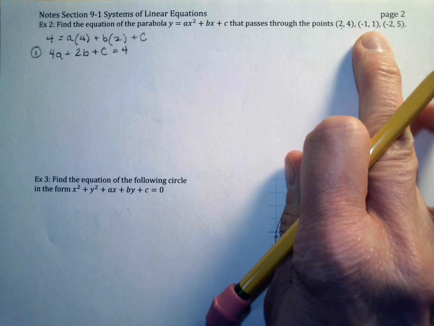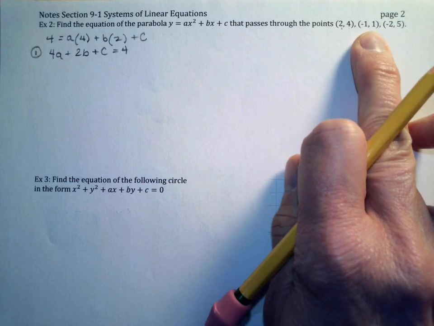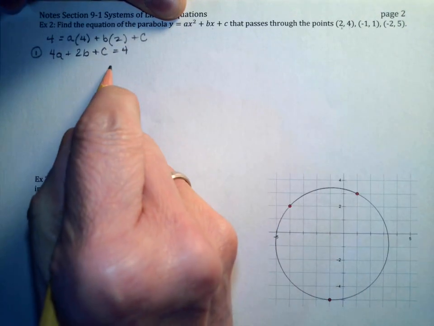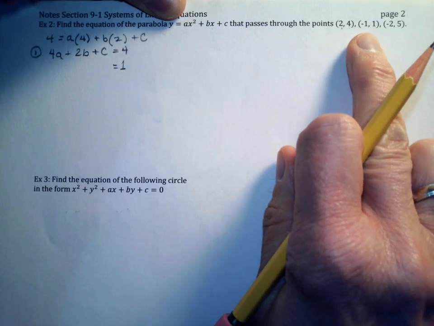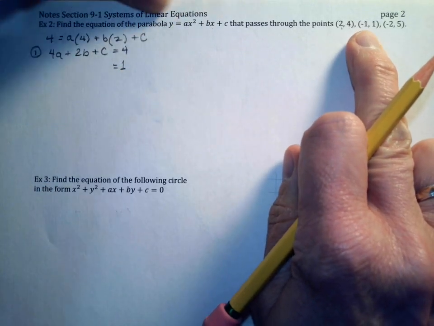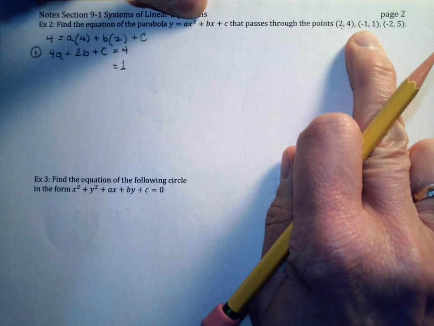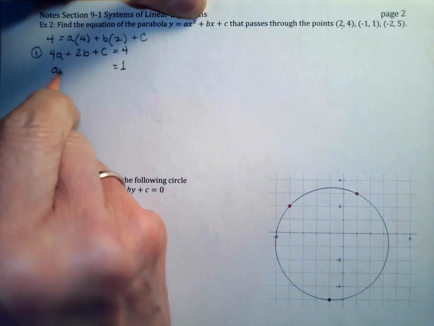Now, when we plug in the x and y here into this equation, I'm going to go ahead and leave the y on the right side this time. And then -1, when I plug that in for x, that's going to be just 1a, so we'll just call that a.